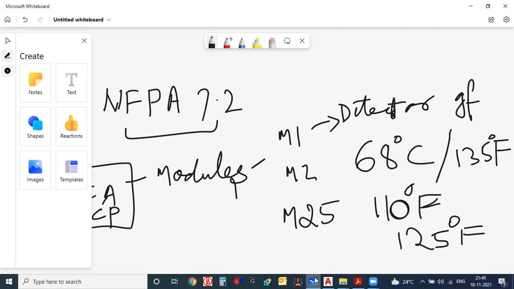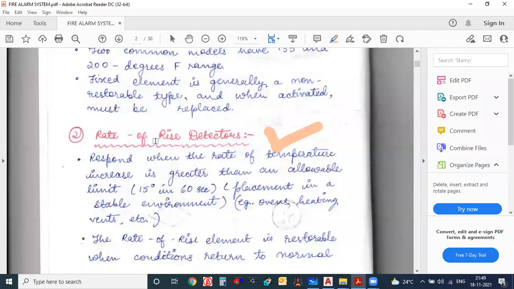So this detector is good as compared to fixed detector, because you can manipulate the values. If you set the temperature limit to 95 degree Fahrenheit, then after 15 degree it will start giving the alarm.